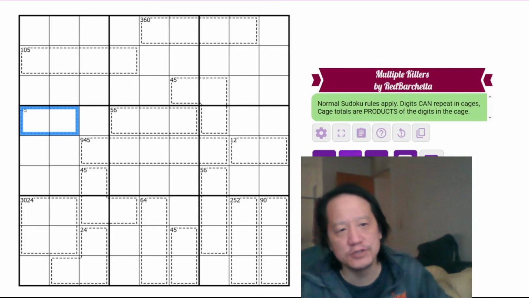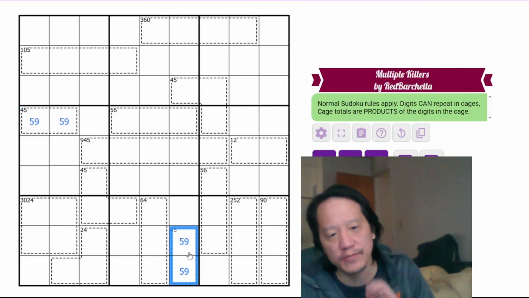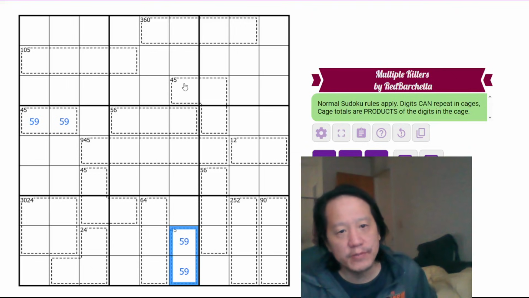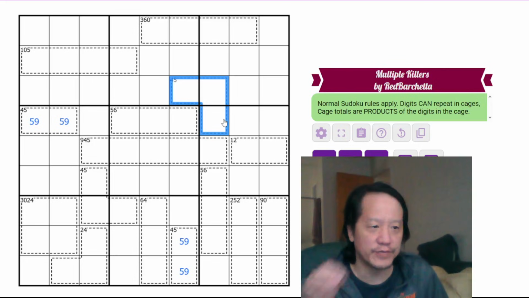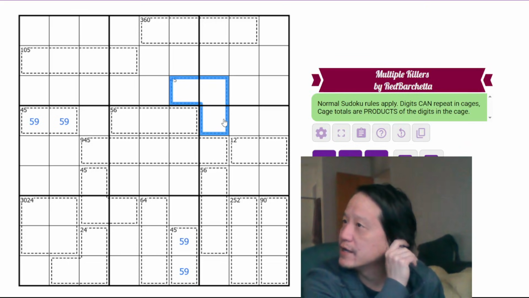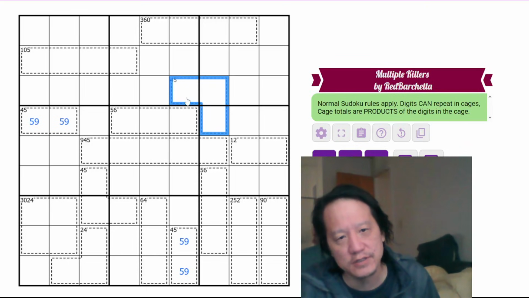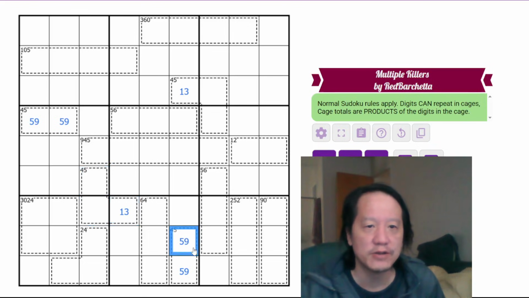So these 2 digits have to be 5, 9, 5, 9. That means for 3 digits to multiply to 45, you could have 3, 3, and 5, or 1, 5, and 9. I think those are the only possibilities. So this must be 1 or 3 because of a 5, 9 pair in the column, and this must be 1 or 3 because of the 5, 9 pair in the box.